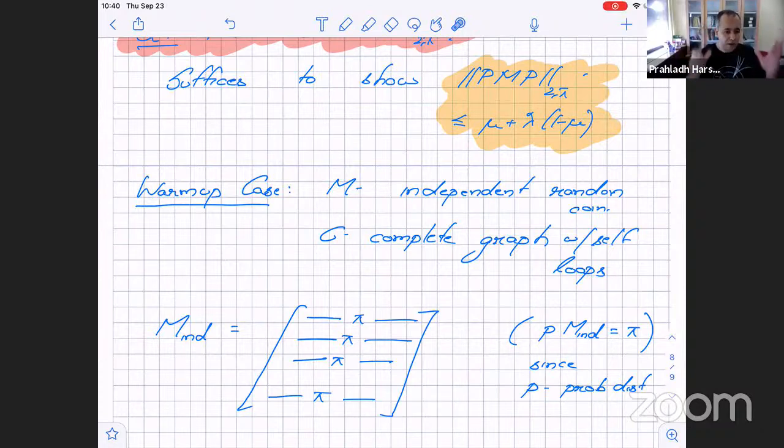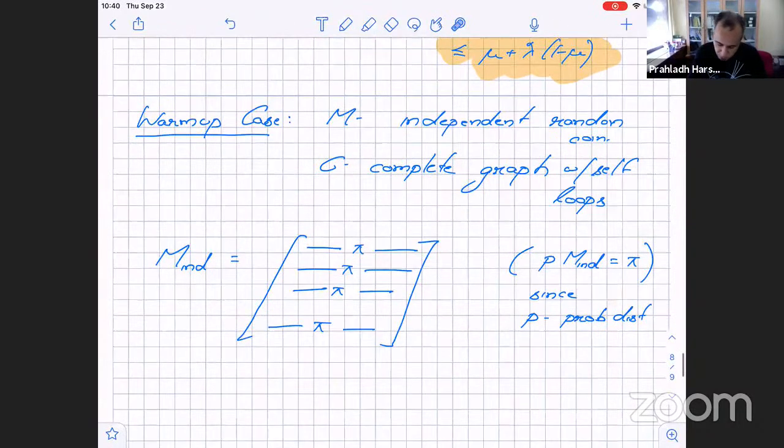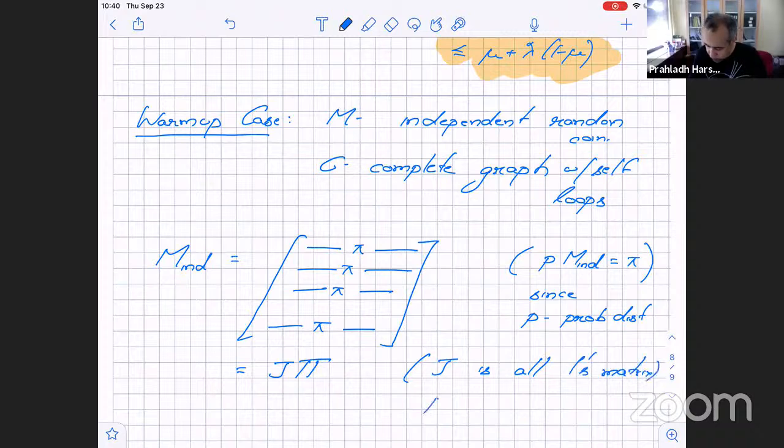Therefore, the matrix M independent has pi on every row. This can be more succinctly written as J times the diagonal matrix, where J is the all ones matrix and the diagonal matrix has pi along the diagonal.